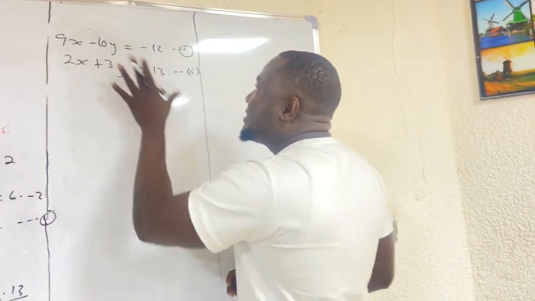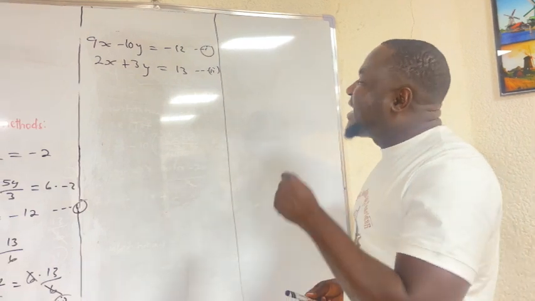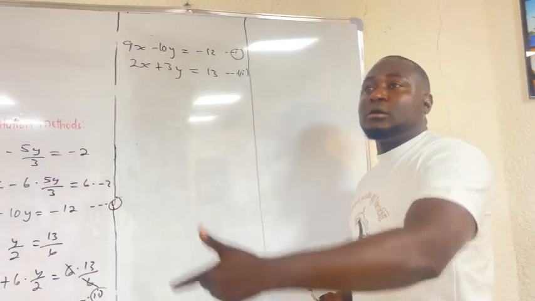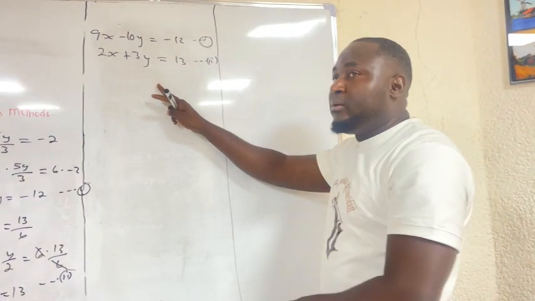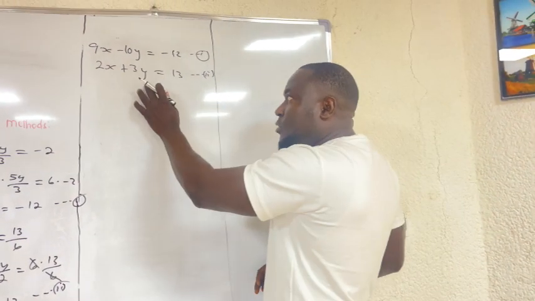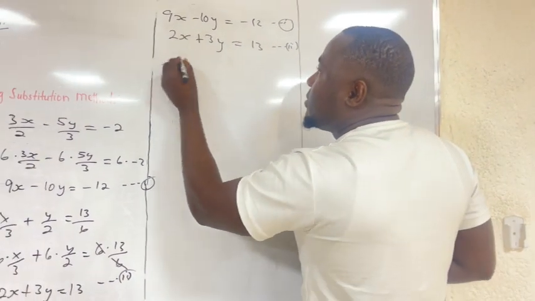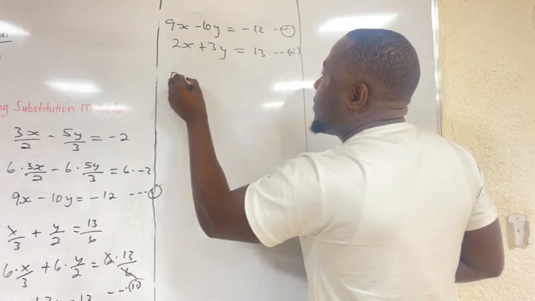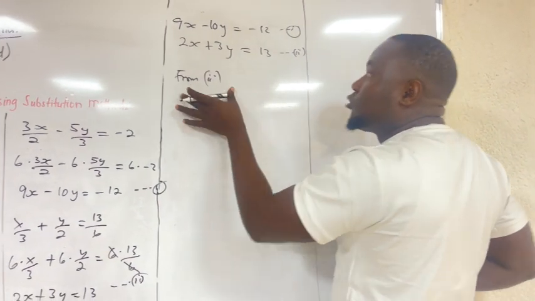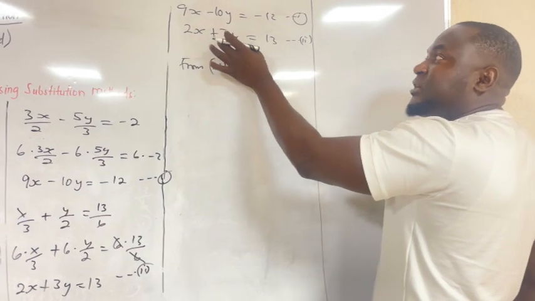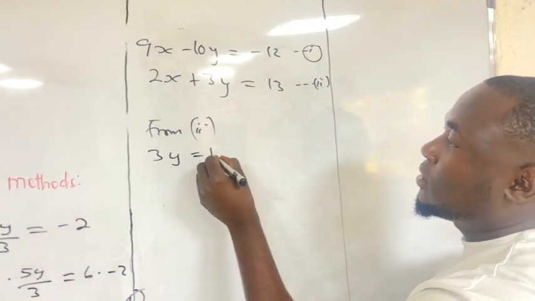And in solving these equations using the substitution method, we are to express one term in terms of the other. In other words, we are to express one variable in terms of the other variable. Let's say we want to express y in terms of x. So this gives us, from equation 2 expressing y in terms of x, 3y is equal to 13.